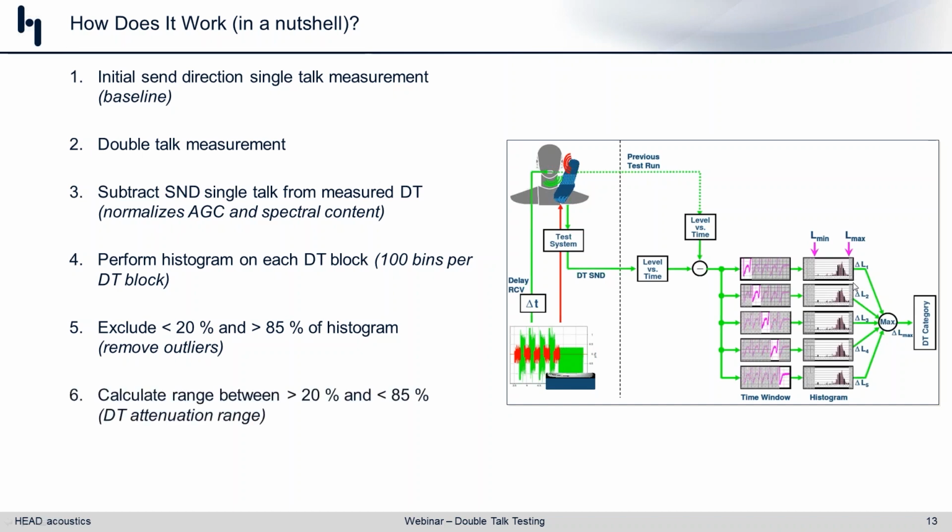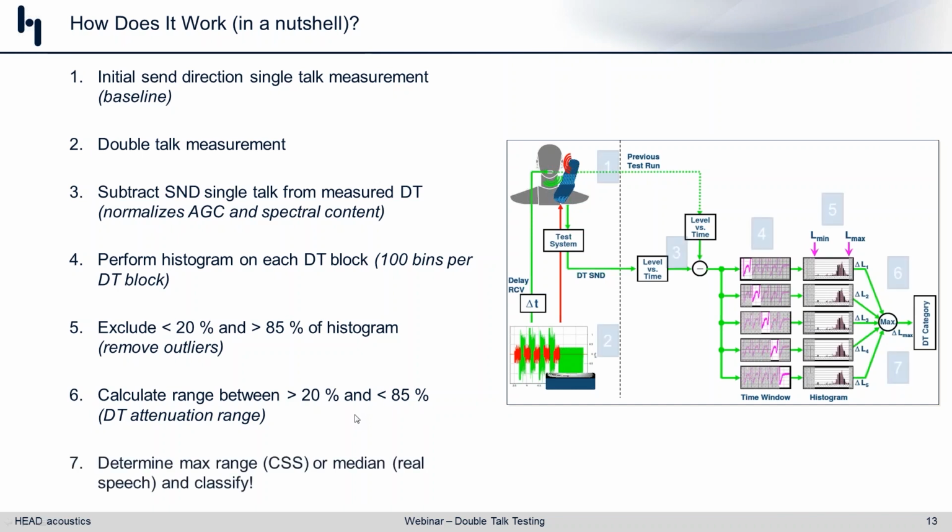And then we can calculate the attenuation range that occurs during double talk within sort of the normal range. And then depending on if you are using a CSS burst or real speech as your source file, you would either be looking for the maximum range of attenuation during double talk, or you would be looking for the median range. So there's a slight difference, and it is important, and it does matter.